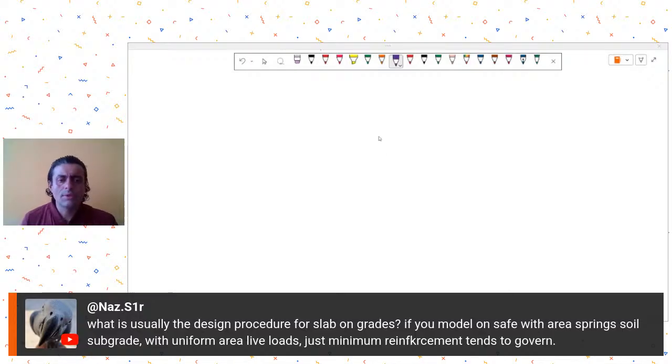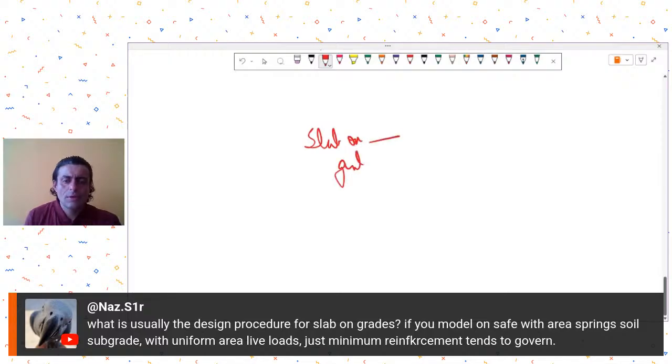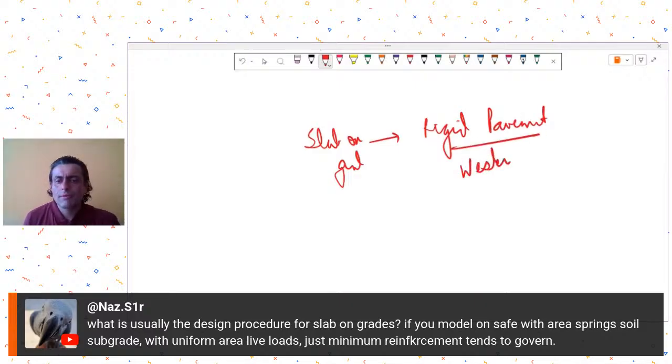Yeah, that's true, because for slab on grades, the design philosophy is similar to what you do for rigid pavements. Okay, so Westergaard's approach we do. You can read any good book on rigid pavements. The same concept is used for slab on grade design.